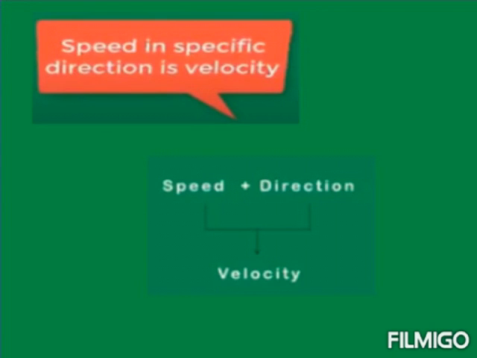Here is another example to differentiate between velocity and speed: speed in a specific direction is called velocity. Speed means how fast the object is moving, and direction is the direction in which the object is moving, and together that is called the velocity of an object.